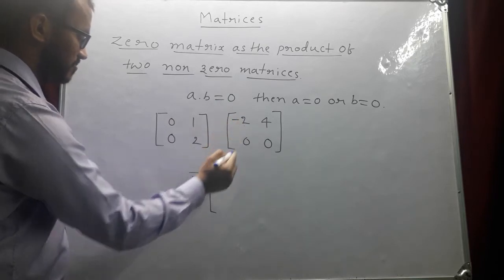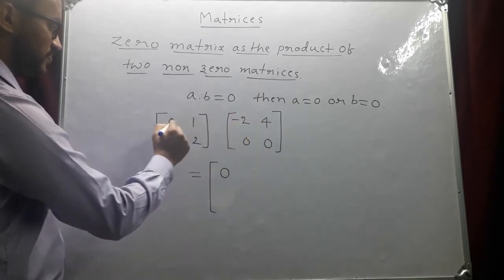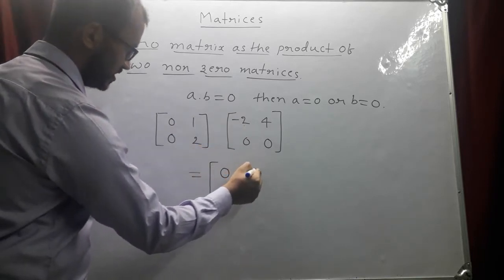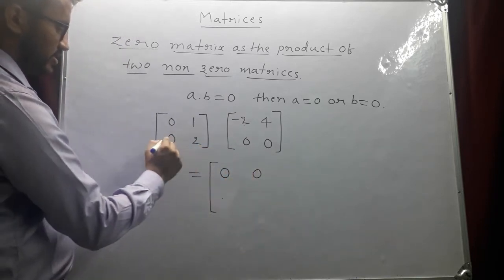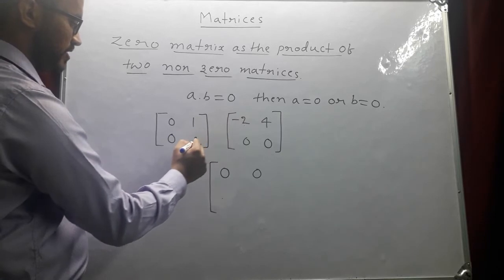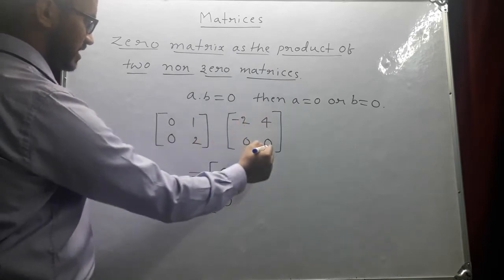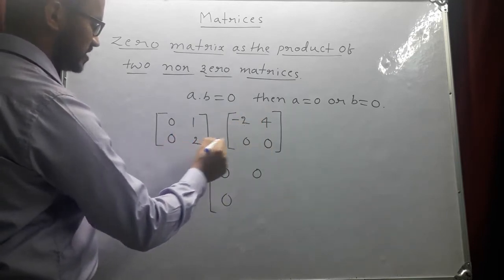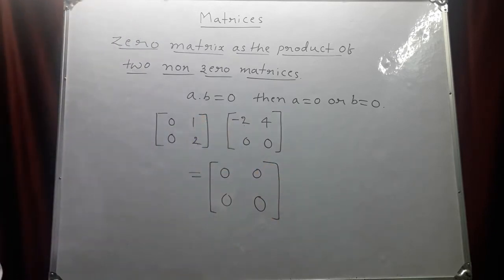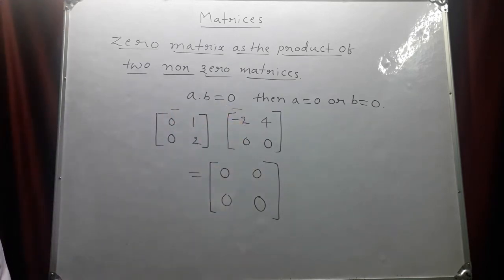So this is 0 plus 0, we get 0. Next element, first row, second column, 0 into 4 plus 1 into 0. Again we get 0. Next, second row, first column, 0 into minus 2, that is 0, plus 2 into 0. 0 plus 0 becomes 0. Second row, second column, 0 into 4 plus 2 into 0. Again we get 0. So the product of these two matrices is 0, but none of these two matrices is a zero matrix.